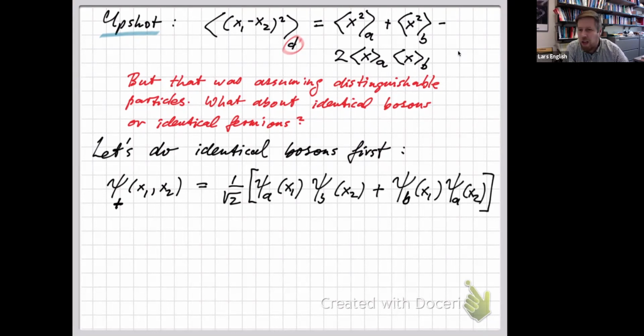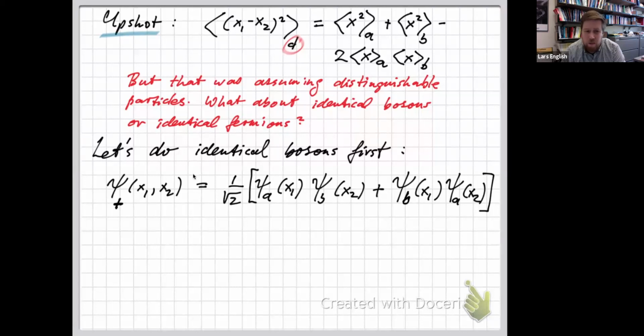The two really go hand in hand. The only difference will be that for the bosons there's a plus here, and for the fermions this would have to be a minus sign, right? So this is the correct two-particle state when we're talking about bosons. It has to be symmetric under exchange, and this kind of form guarantees that.